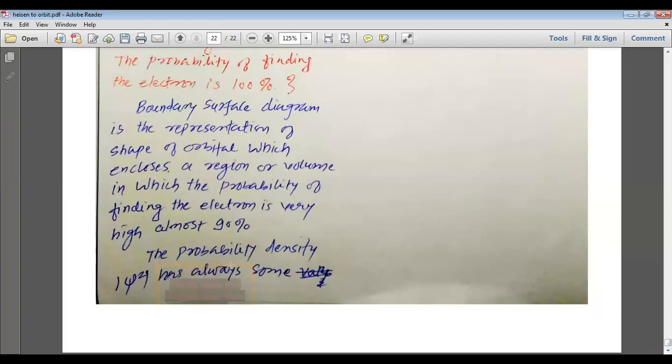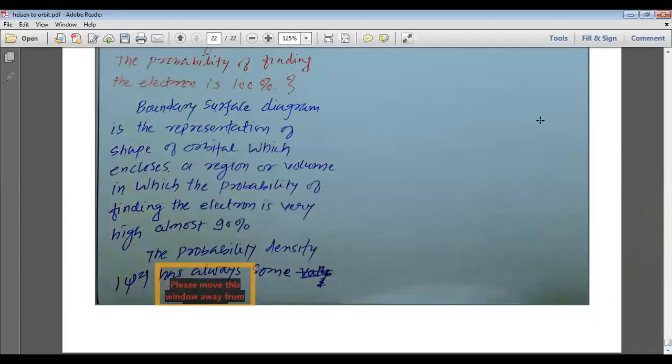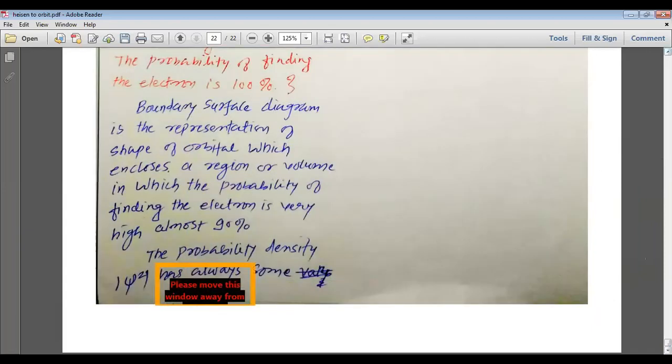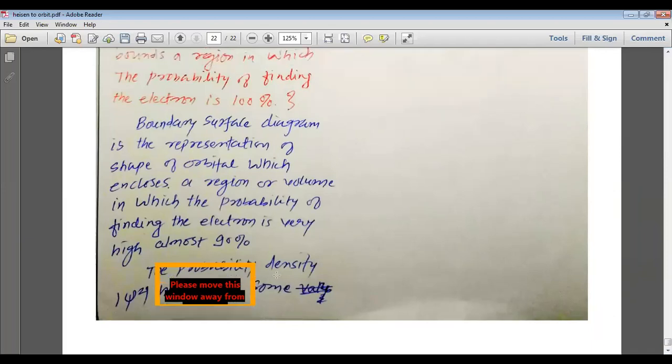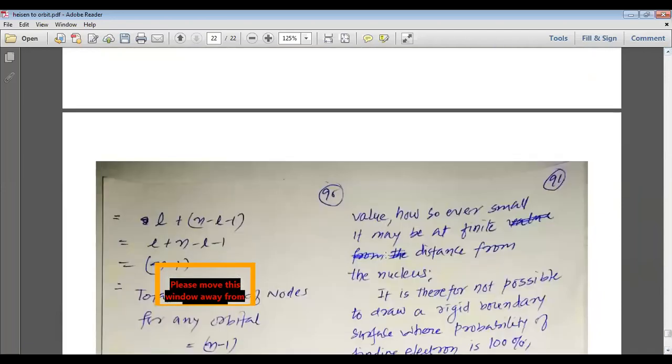Now what is the reason? Why can't we show the area which is up to 100%? We know that the probability density psi square always has some value in the region, howsoever small it may be, at a finite distance from the nucleus.